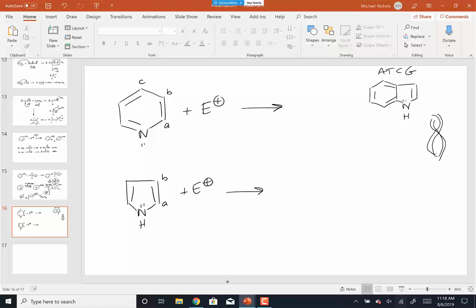And then we'll figure out where the E plus should go. Then we'll talk about Cope and Hofmann, and then we'll talk about carboxylic acids tomorrow.